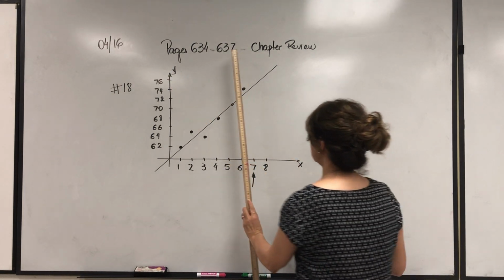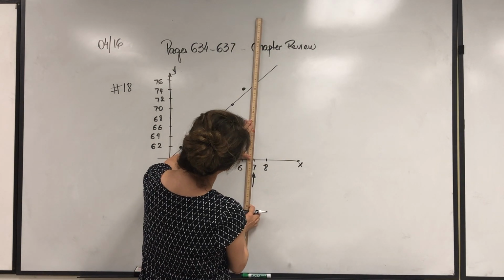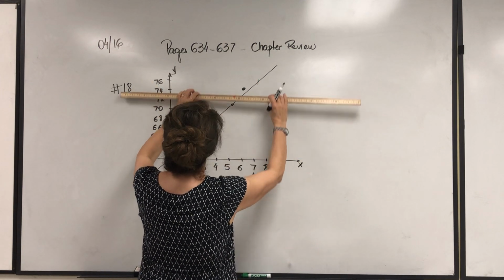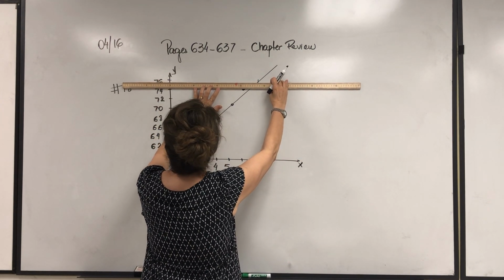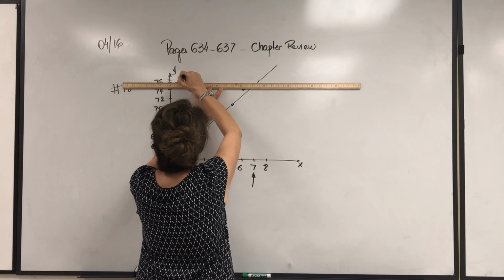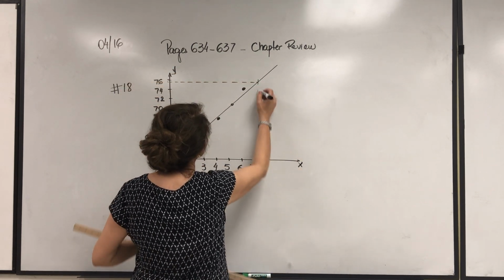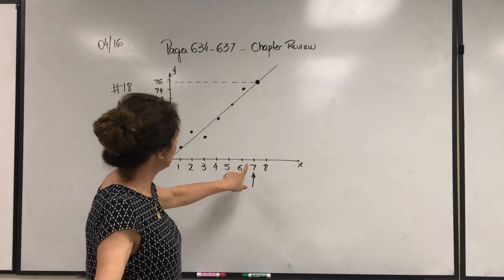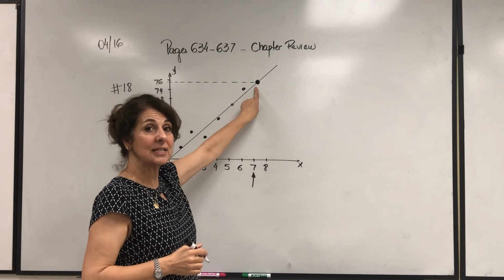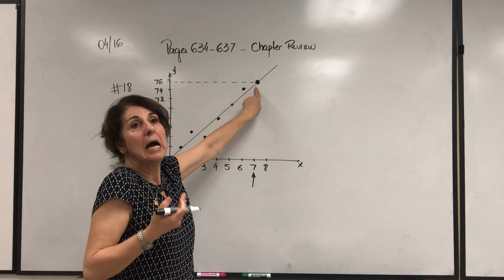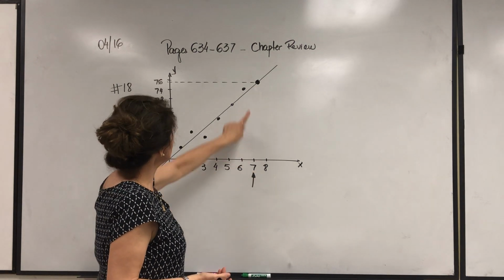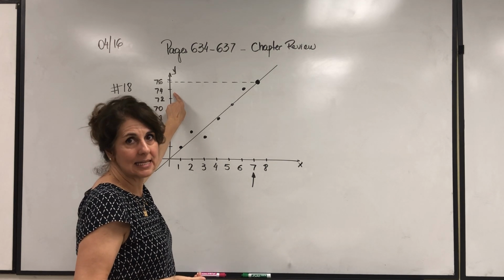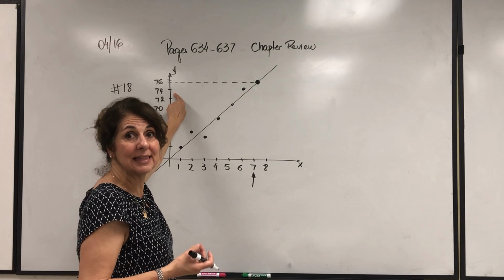If I go with year 7 here, all the way up, I will come to this point here, which is the point that I come up with for the prediction. So 7 years, this is my prediction. What can I say about what is going to be the average? I can say that it's going to be higher than 74 and probably lower than 76. And this is with the line of best fit that I did.